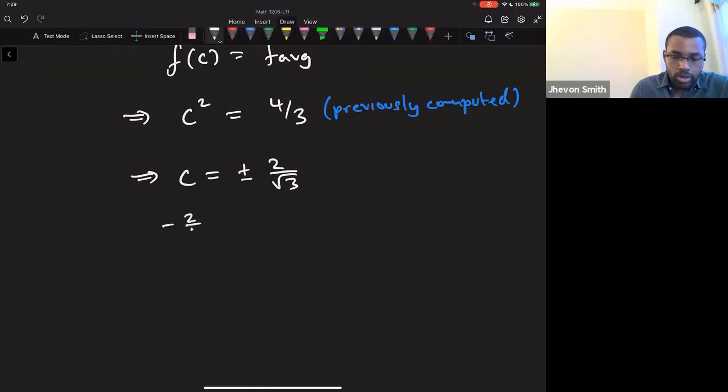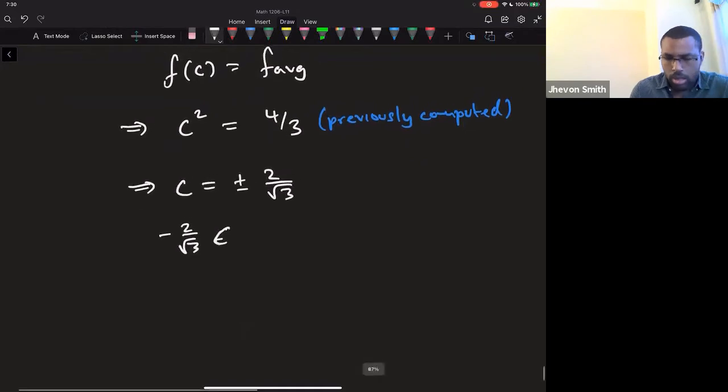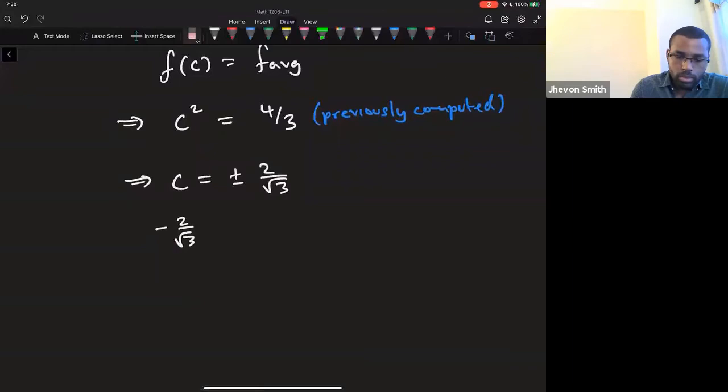Minus 2 over root 3 is not in the interval. It's not in 0 to 2, so reject.